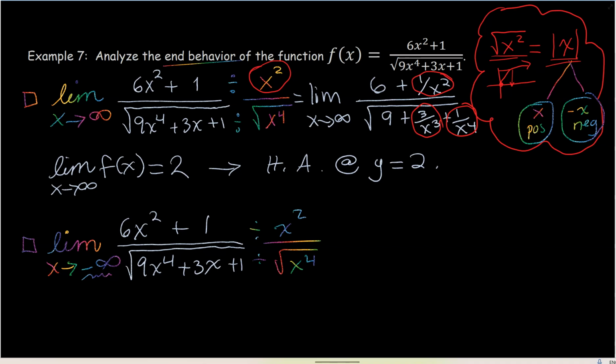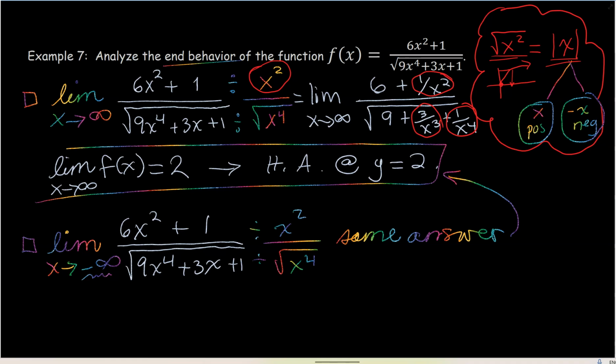So that is still okay, and you still obtain the same answer as above. So that is the horizontal asymptote, and it goes straight across both to the left and to the right. So the limit as x goes to negative infinity is the same as the limit as x goes to positive infinity, and that is 2. So you have one horizontal asymptote at y equal to 2.